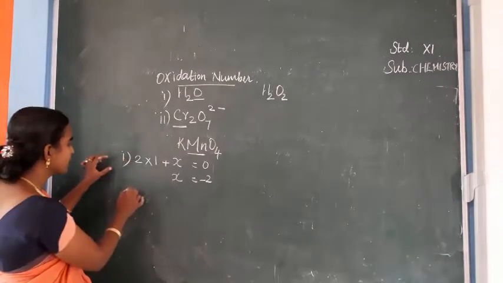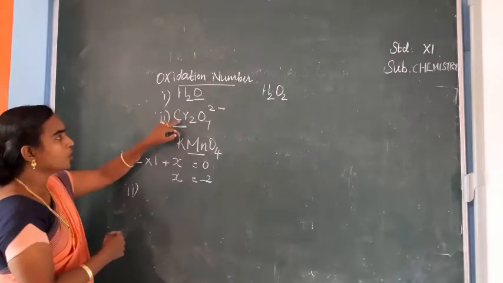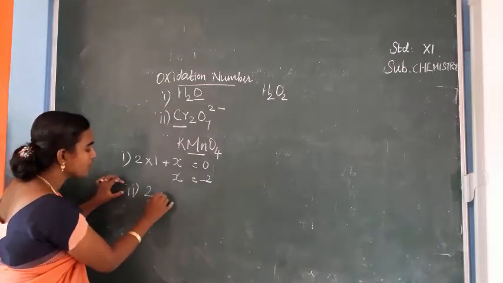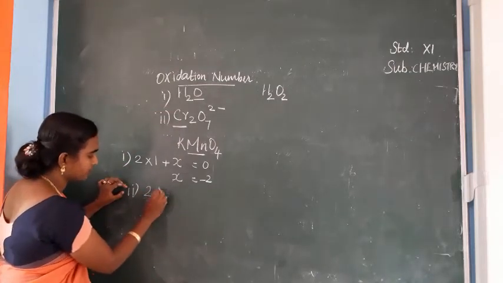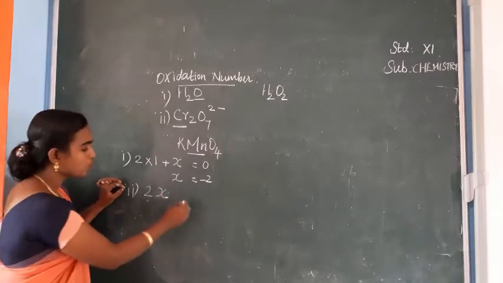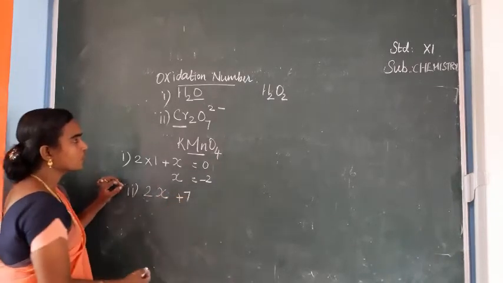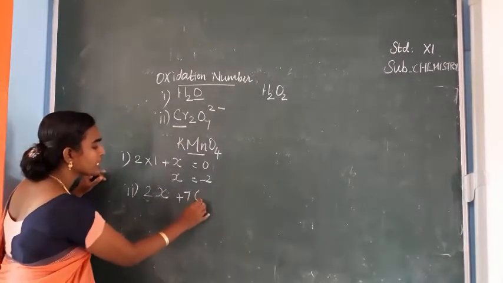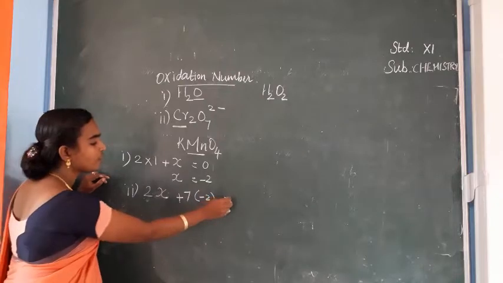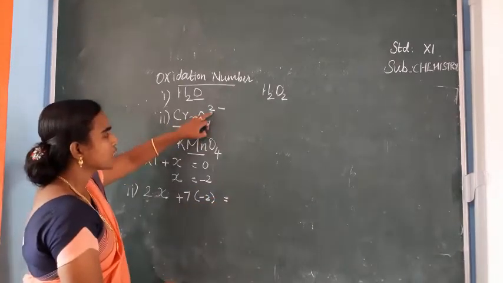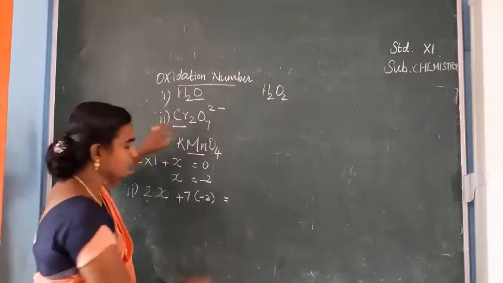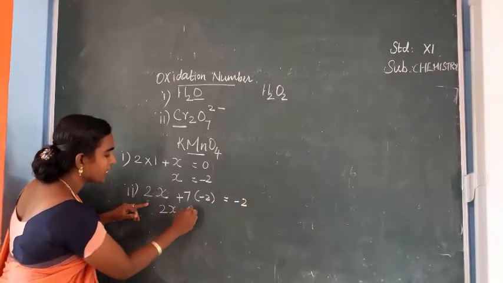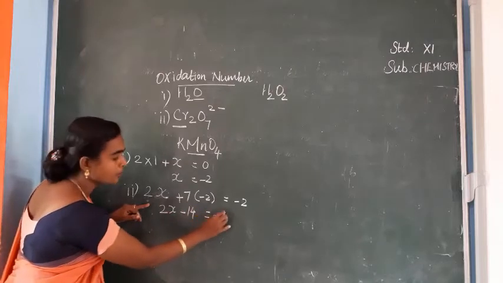So for the next compound, Cr2O7 2 minus, isn't it? For the second compound, how many Cr are there? That is 2. So 2 into X, that is 2X, plus 7 into the oxidation number of oxygen, that is -2. 7 into -2, which is equal to the charge given, that is -2. So 2X minus 14 is equal to -2.